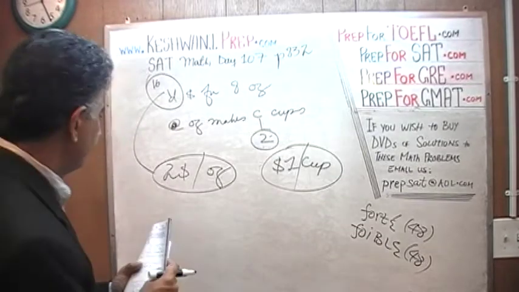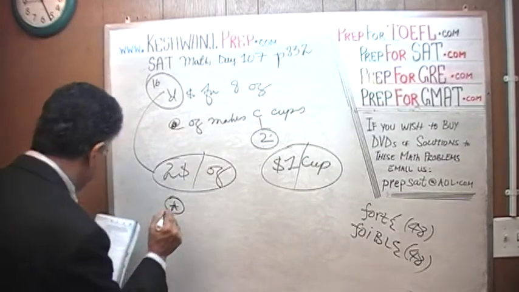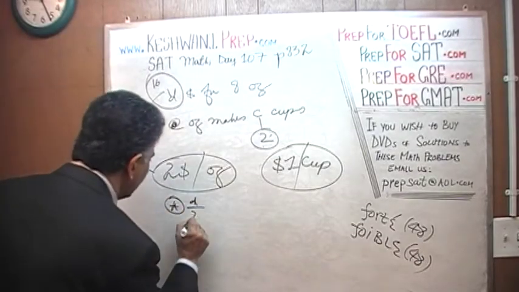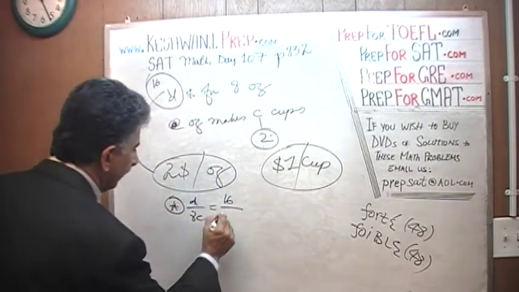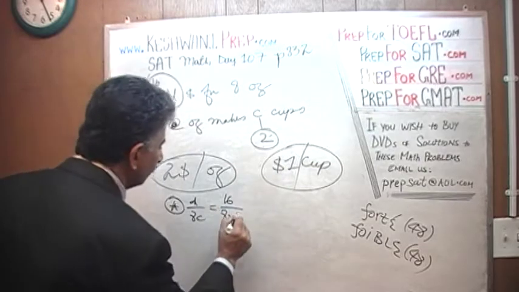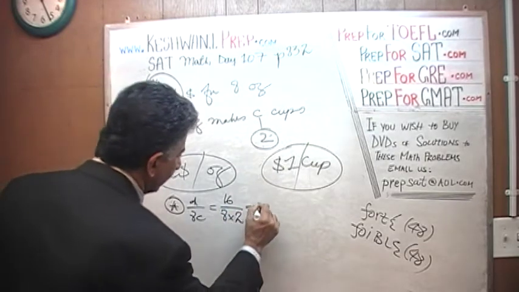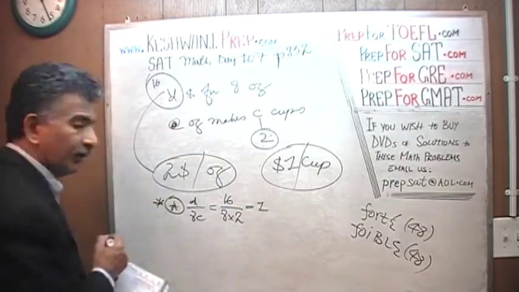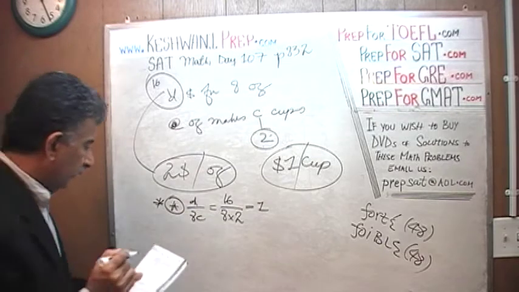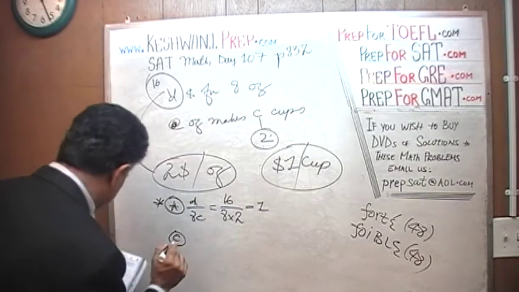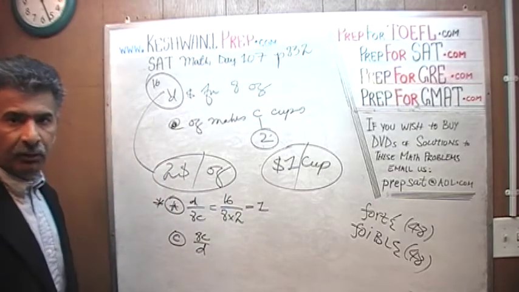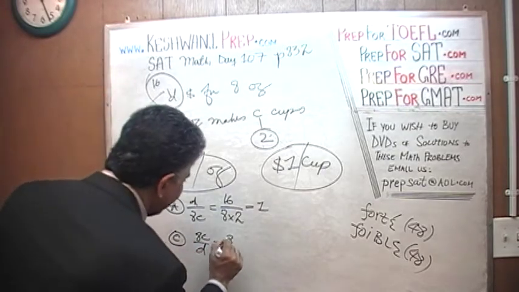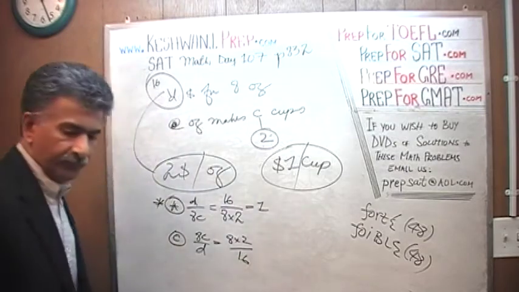Okay, watch what happens. Answer choice A says D over 8C. D is 16 over 8 times C, which is 2, and 16 over 16 is 1. So that, of course, works. But what if answer choice C, 8C over D, which is a reciprocal, which is 8 times 2 over 16.